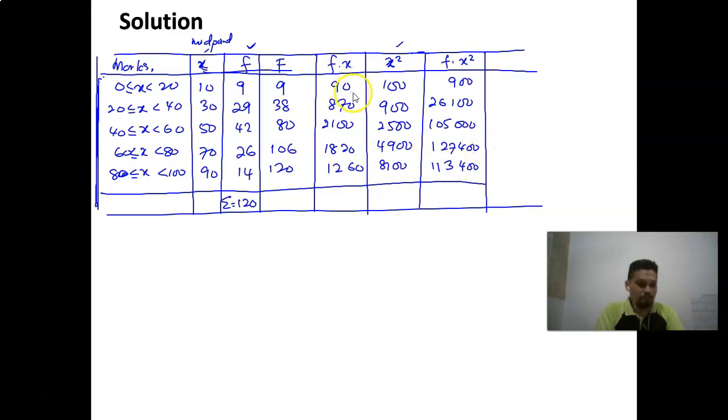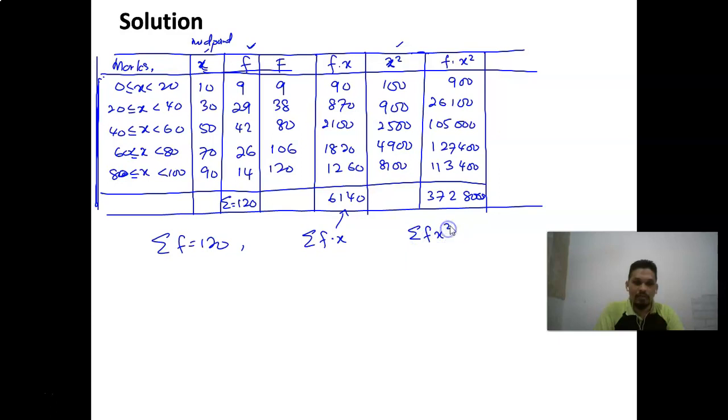The total frequency is 120, the total of f times x equals 6140, and summation of f times x squared equals 372,800.